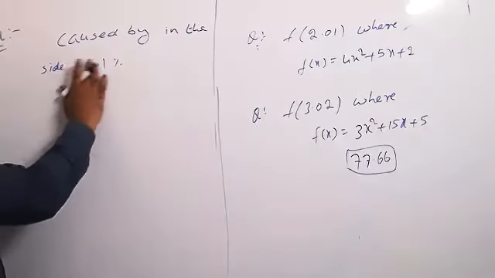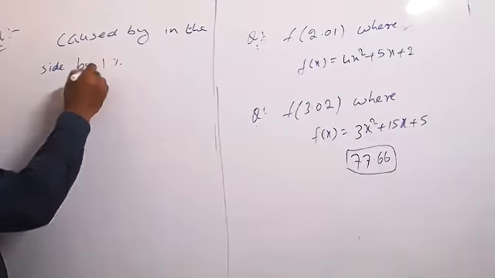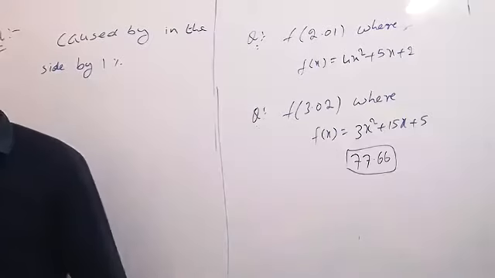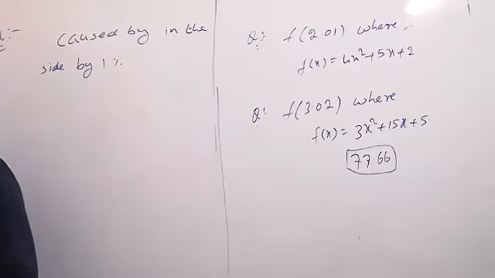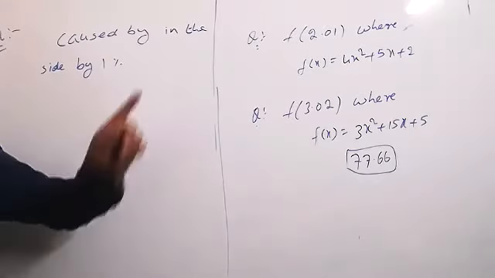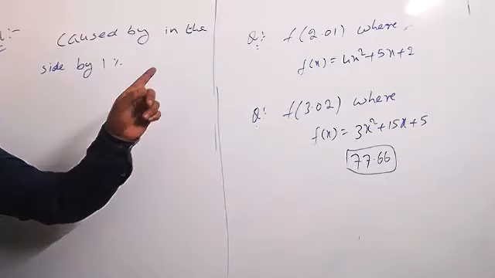Find the approximate change in the volume of a cube of side x meters, caused by increasing the side by 1%.